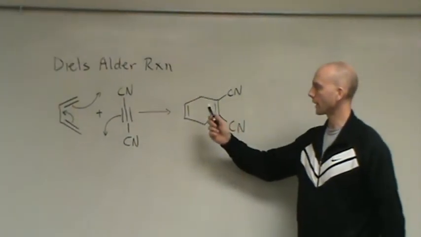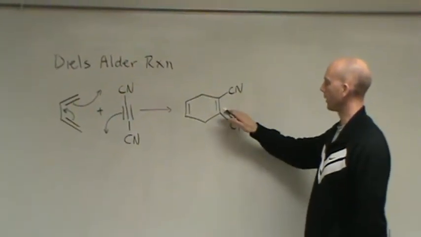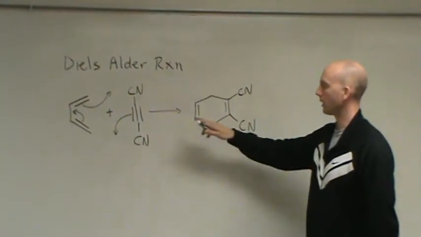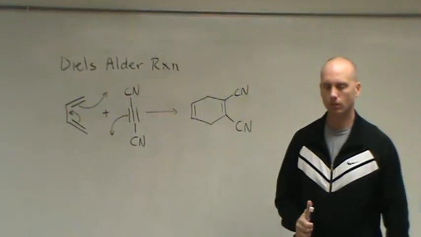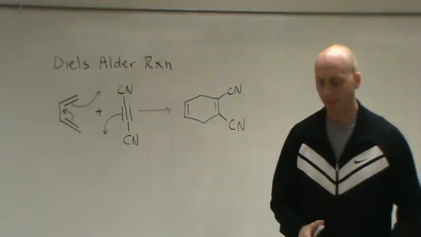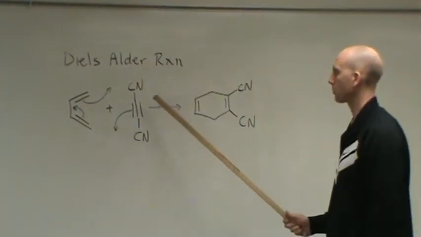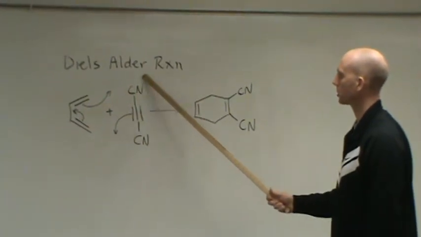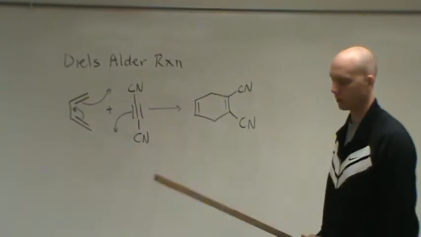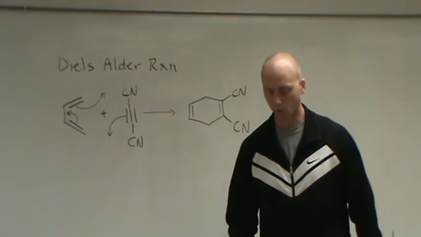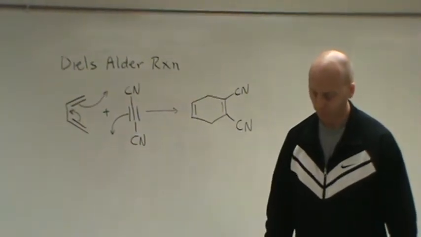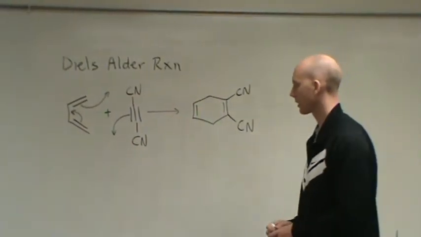Okay? So I can know that I started with a triple bond if I have a double bond left behind. Okay? So a dienophile can either be a double or a triple bond, and again, they always stick out because they have these electronegative groups on them. Let's look at another one.